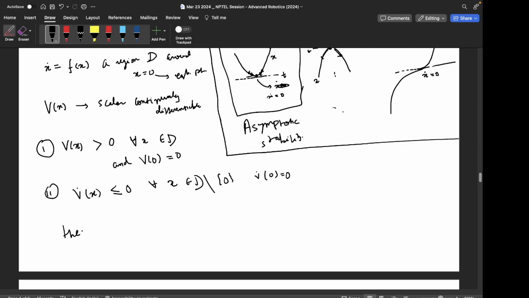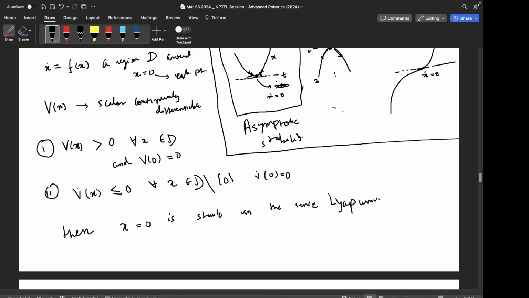Then if these conditions are satisfied, we can comment that x is equal to 0 is a stable point in the sense of Lyapunov. It's a way of saying this: since we are using Lyapunov theory for commenting on the stability, we say that x equal to 0 is stable in the sense of Lyapunov.